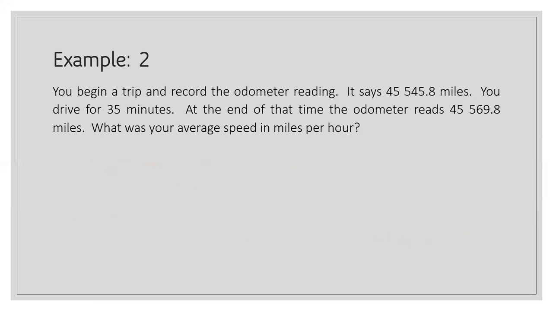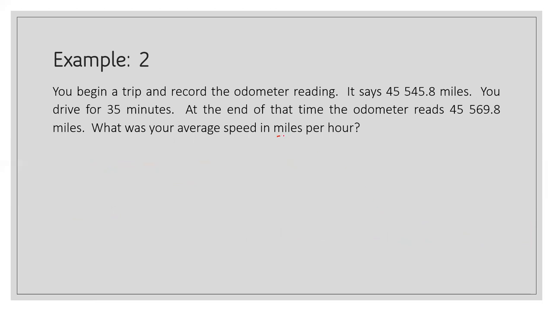Second example, you begin a trip and record the odometer reading. It says 45,545.8 miles. You drove for 35 minutes. At the end of that time, the reading is 45,569.8 miles. What is your average speed in miles per hour?